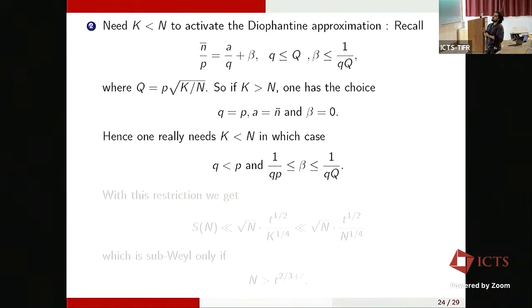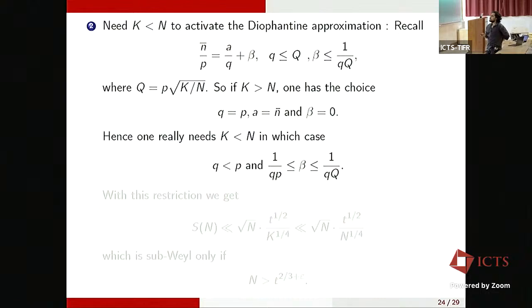So if k is allowed to be bigger than n, then one has this trivial choice of q to be p, a to be n bar, and beta to be 0. In this case, this does not do anything. So we really need to choose k to be less than n, in which case you can see that q is strictly less than p, and beta also has this nice restriction. It has this lower bound, which is 1 by q times p.